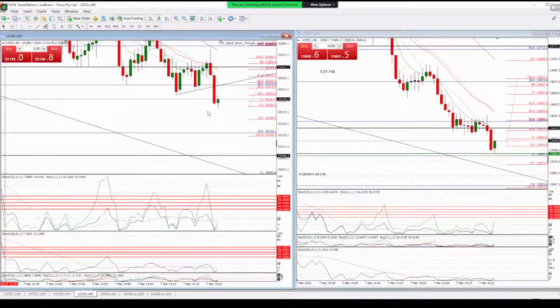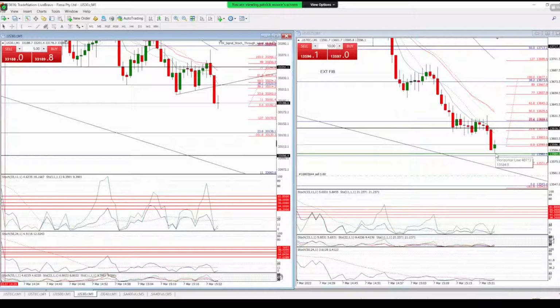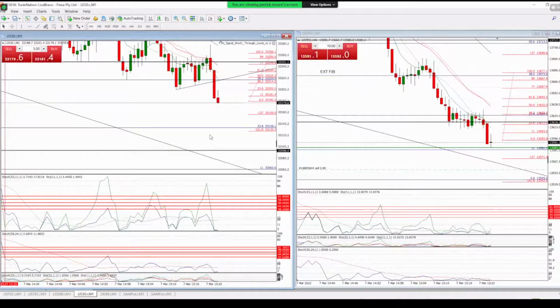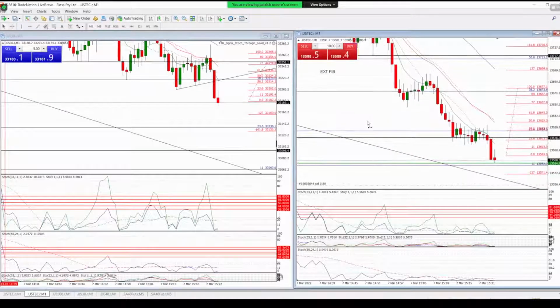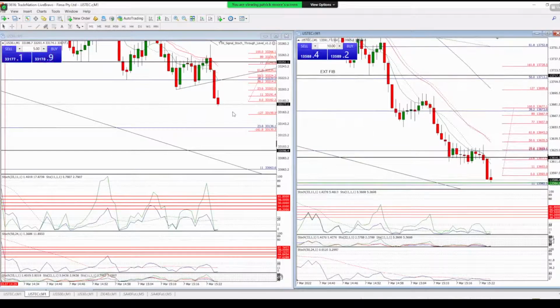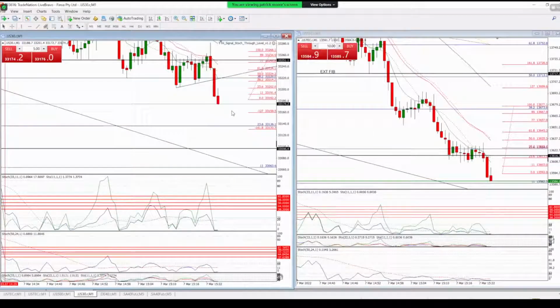There's the support US tech, opening price level of the day, that green line. Next support on Dow is 0 weekly.